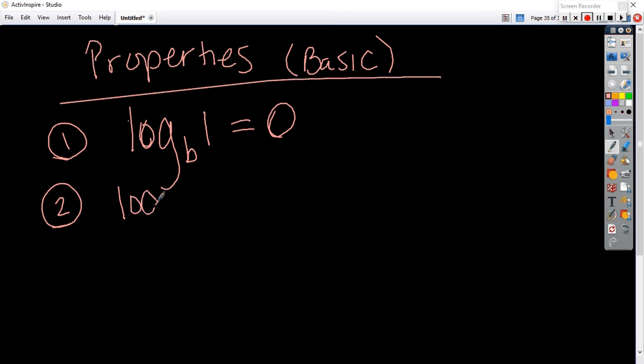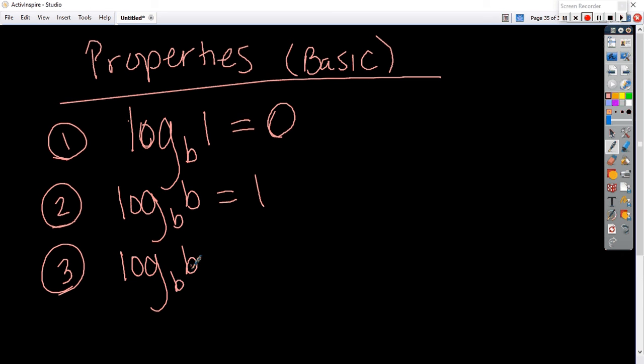The second property, if the base is the same as the A, what does it equal? 1. Because B to the first power is B. Here's one that you probably won't know.